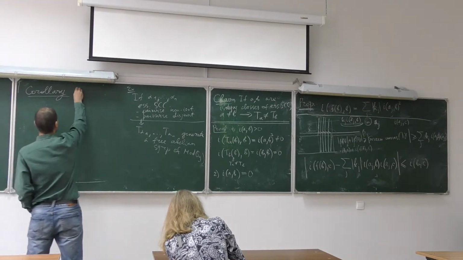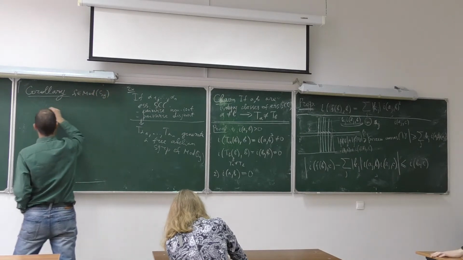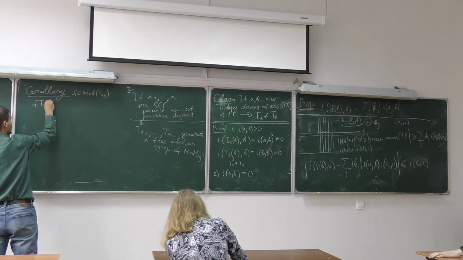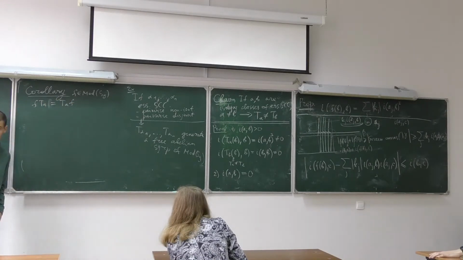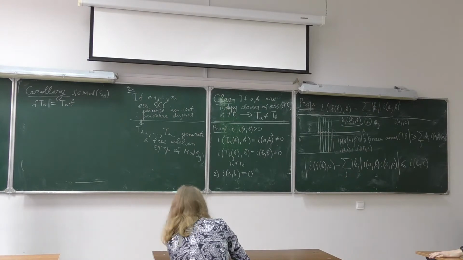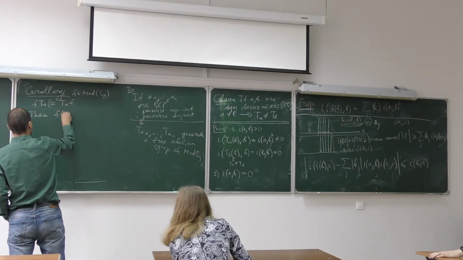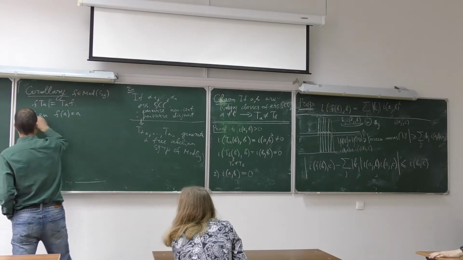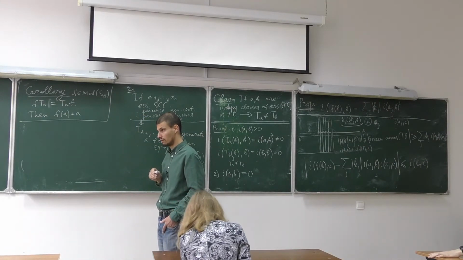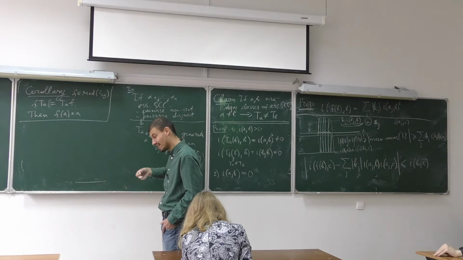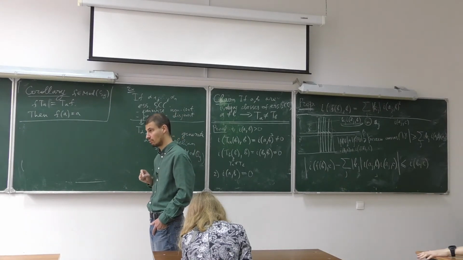So we have an arbitrary element F of the mapping class group, and just assume that it commutes with some Dehn twist. Then F takes this isotopy class of curves to itself. So hence F can be represented by a homeomorphism which stabilizes the curve.